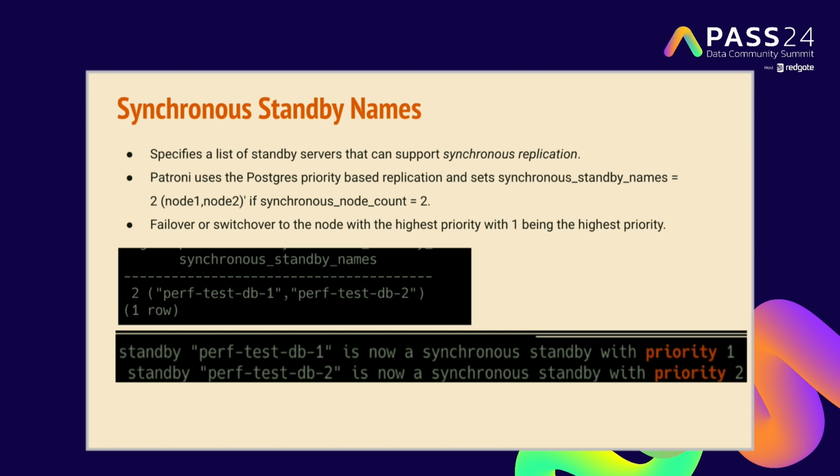So in case perf test db1 has lag, then it'll automatically change the priority of perf test db2 to be 1. So it takes priority really on the lag. That's really what it's looking at. If the lag is the same, then it'll go with priority. But if the lag is behind on more than one, then it will ignore priority and go with lag. Okay, got it. Thank you.